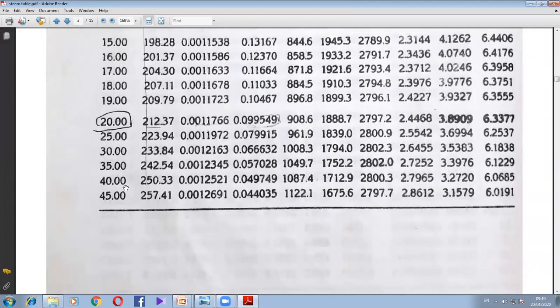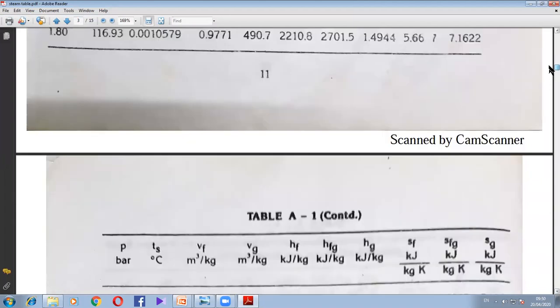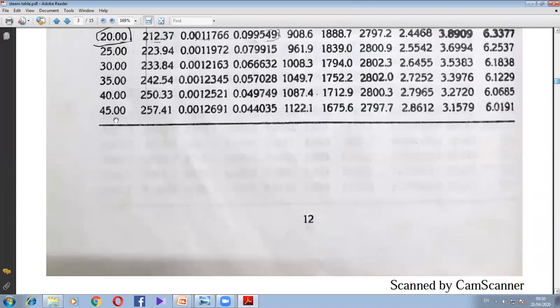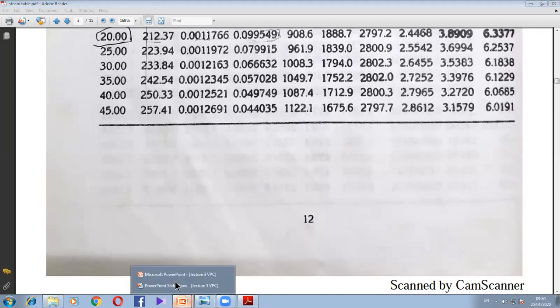At 45 bar, what is Tsat? You can see this is the Tsat. The first column is the Tsat value given. Here the Tsat value given is 250.33, right? 250.33 given. So I will go back to the slide.